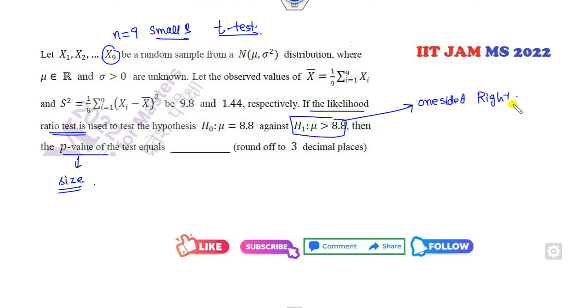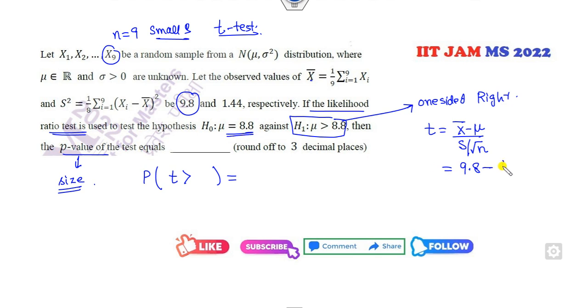So what is the meaning of that? Since it's a small sample, it must be greater than something, and that is your target. So for the small sample, the statistic is x bar minus mu over s divided by root n. X bar is 9.8. What is the h naught?